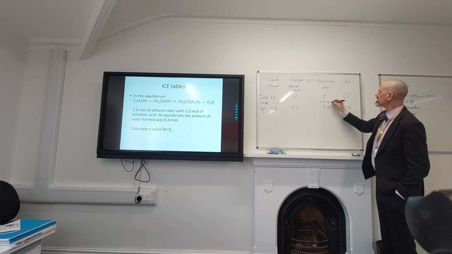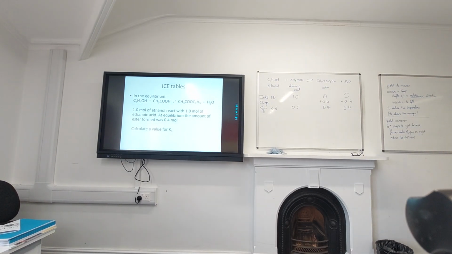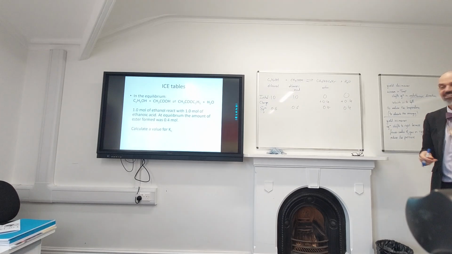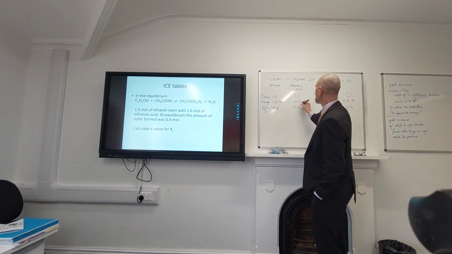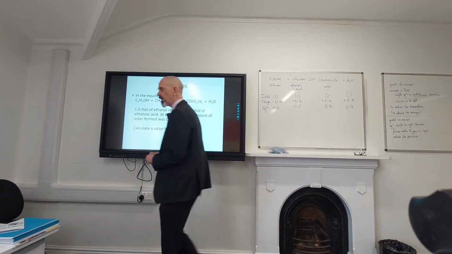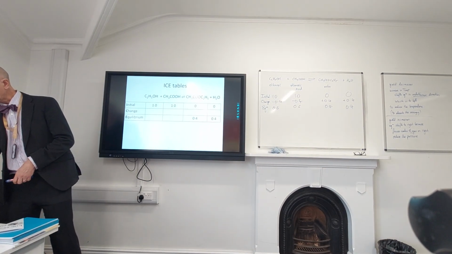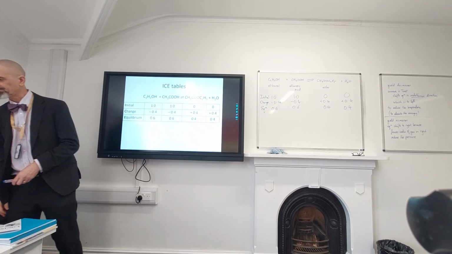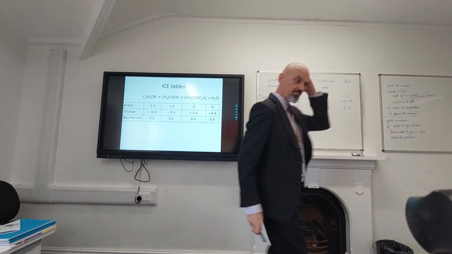Our ester and our water have both gone up by 0.4, and our ethanol and our ethanoic acid have both gone down by 0.4. And that brings us up to there.